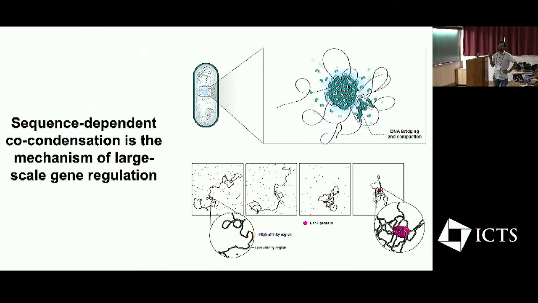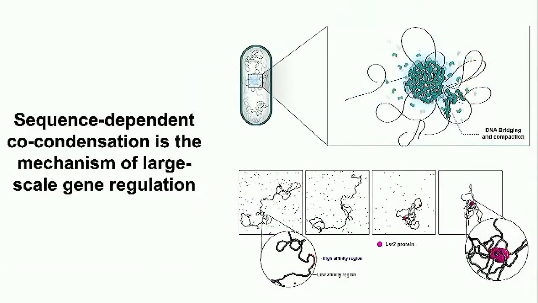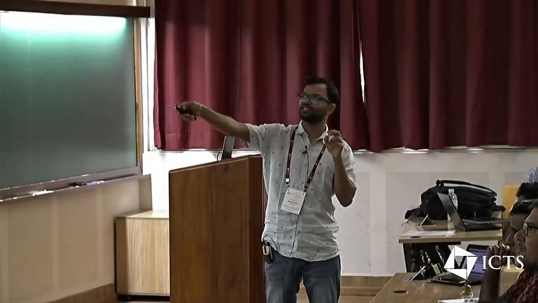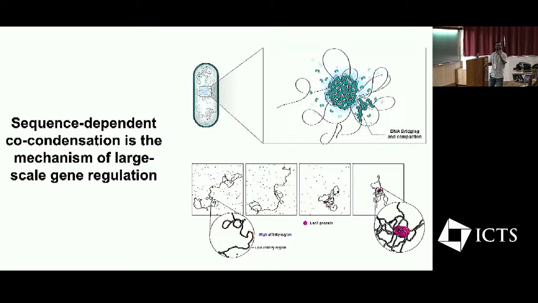Right, from there we develop a model for how this protein may work. We think that to be able to control a large number of genes in the bacteria, it pulls those genes which carry higher AT content into one condensate, so that those genes could be controlled. We have been working with Sandeep, who is in the audience. He'll talk about the theoretical framework of this in a couple of days.